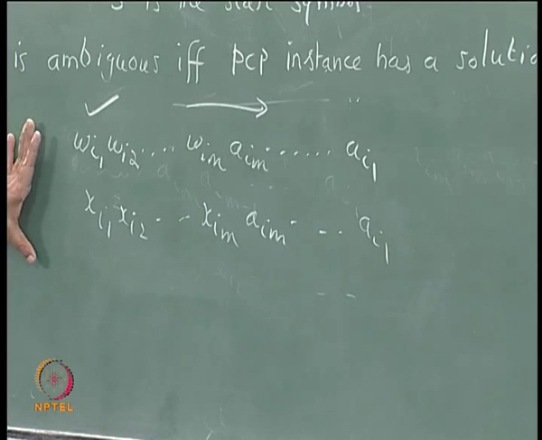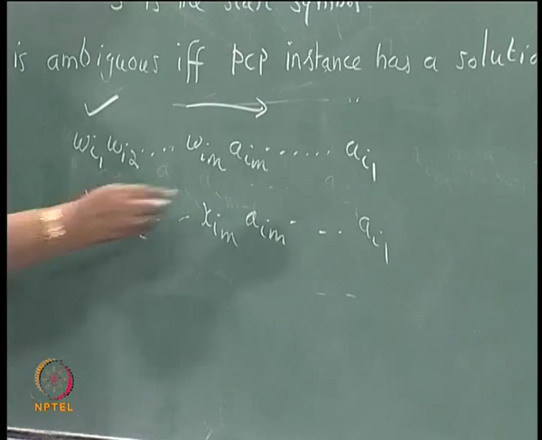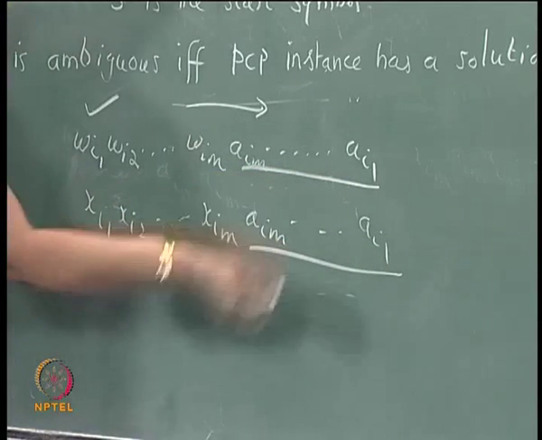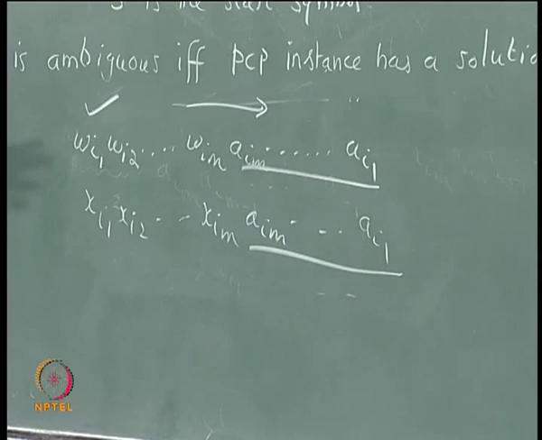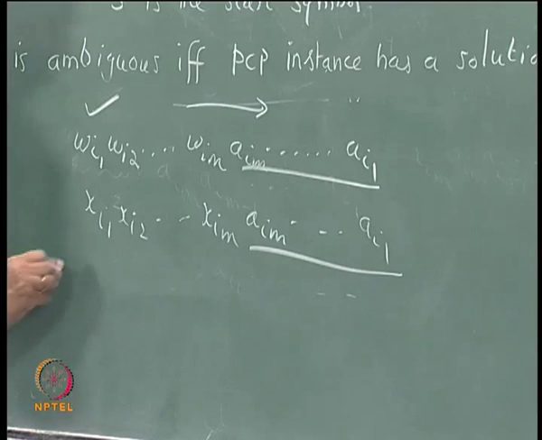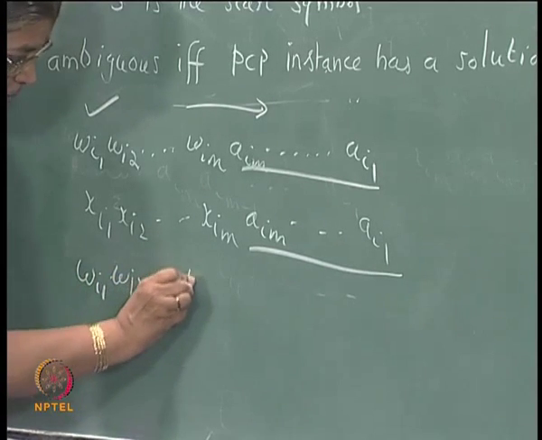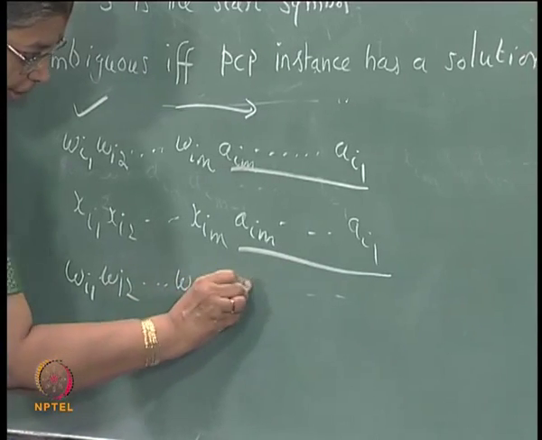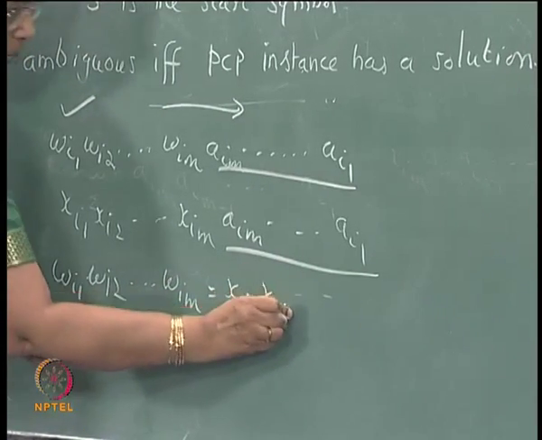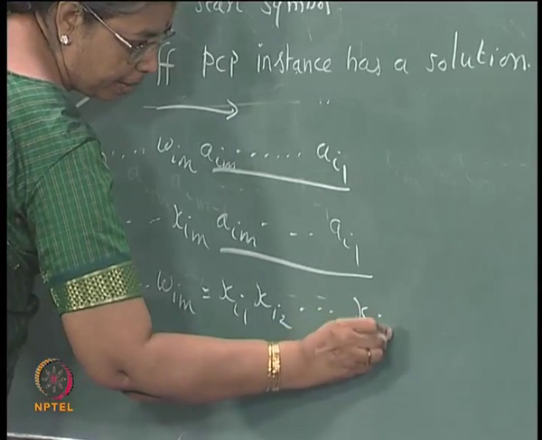They are the same strings, and this latter portion you remove. If you remove it, you find that W_i1, W_i2, ..., W_im is equal to X_i1, X_i2, ..., X_im.